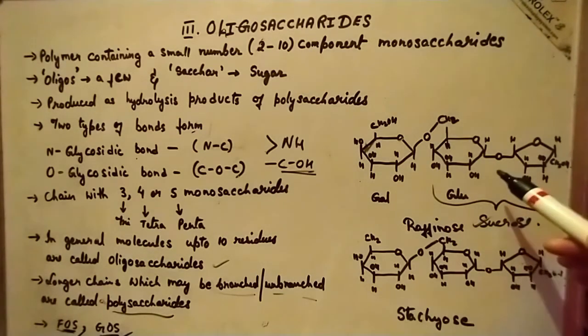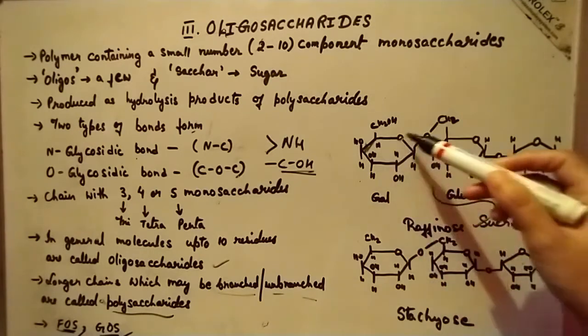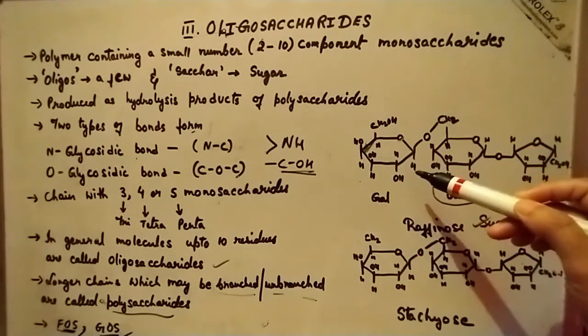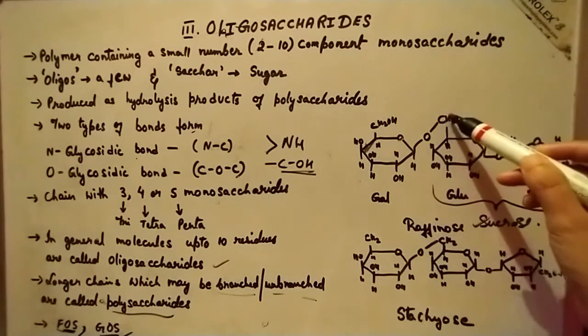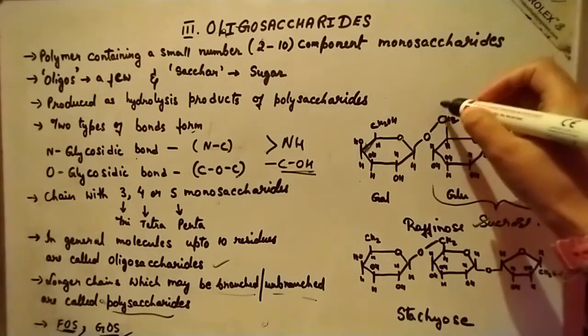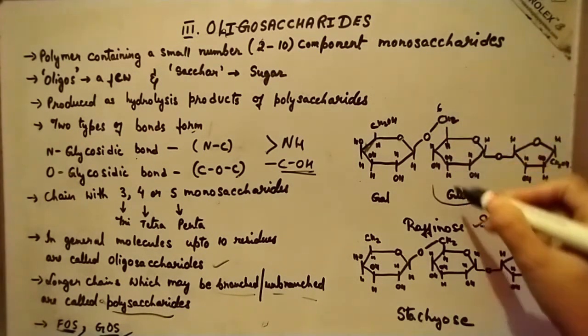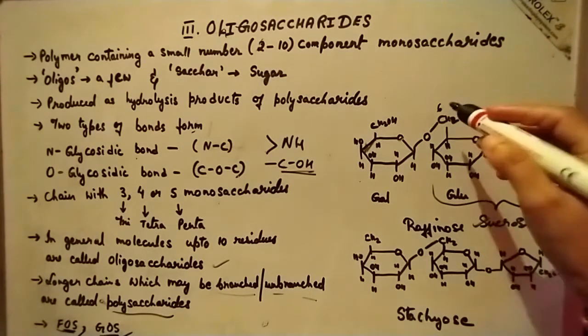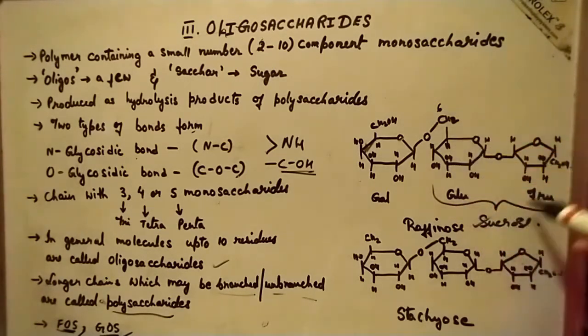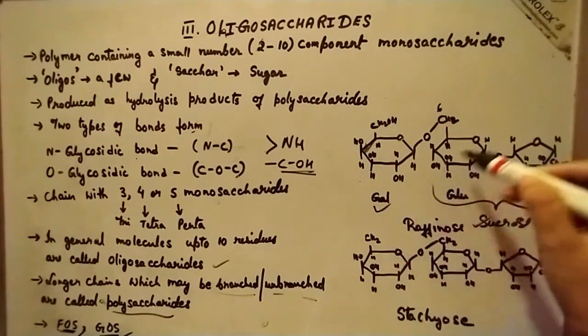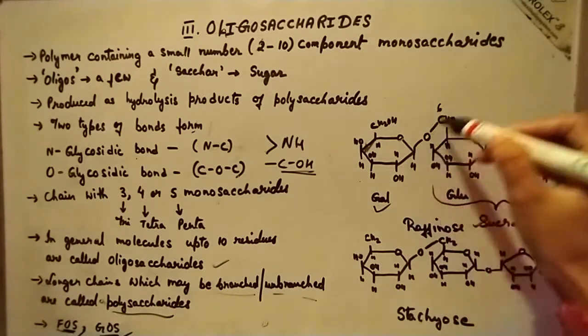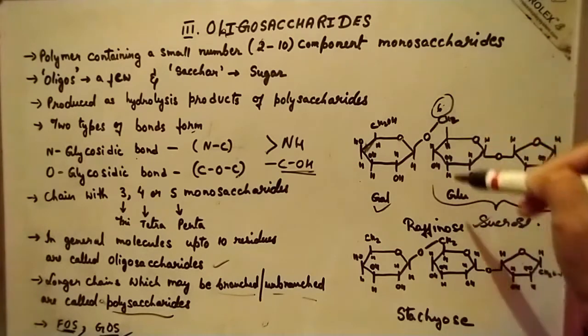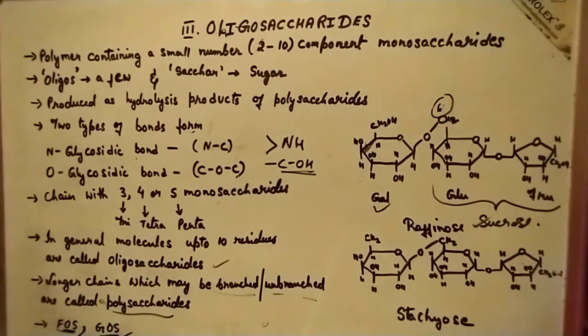Here the anomeric carbon of D-galactose is linked to carbon 6 of glucose in the sucrose molecule.